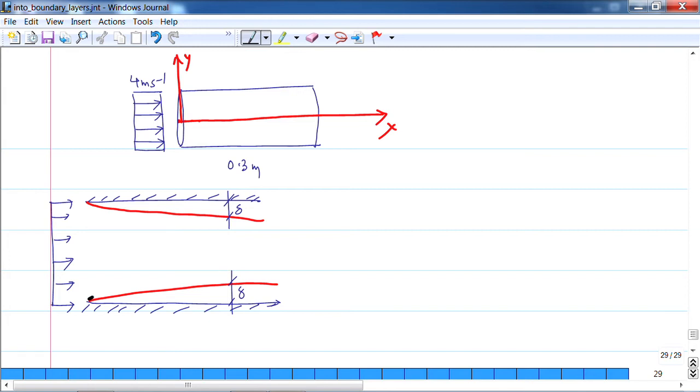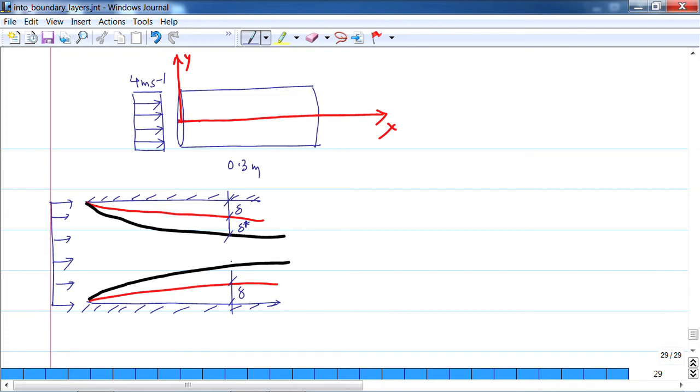I could actually draw another thing like that, and another sort of thing like that, such that if I were to move at any location, for example at this location, again, this is the part, and this is nothing but the displacement thickness, right.